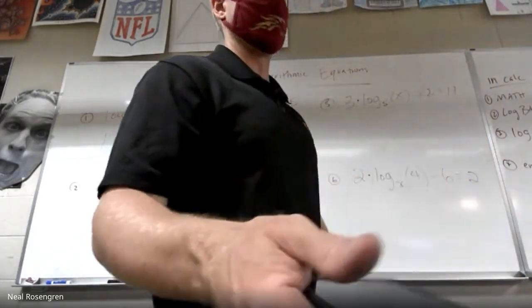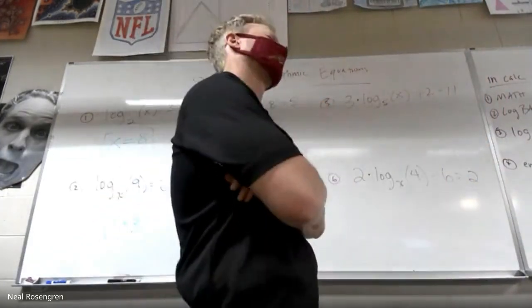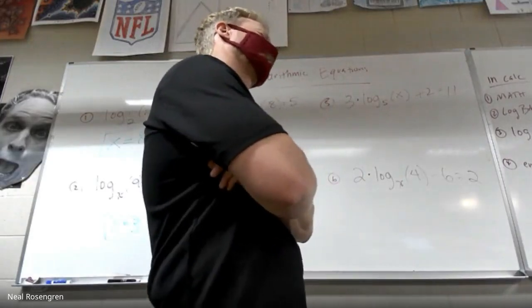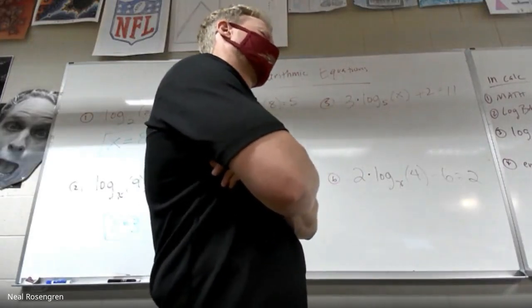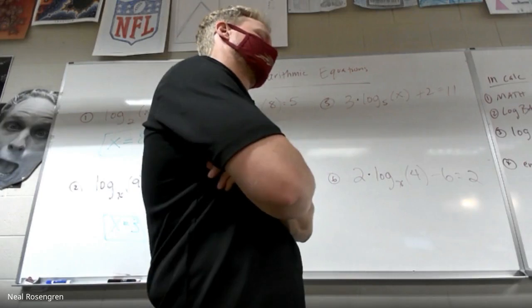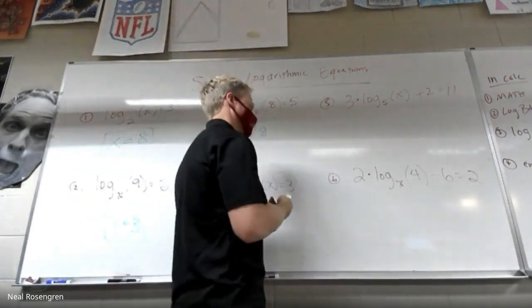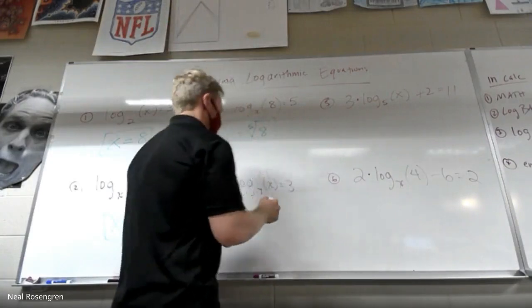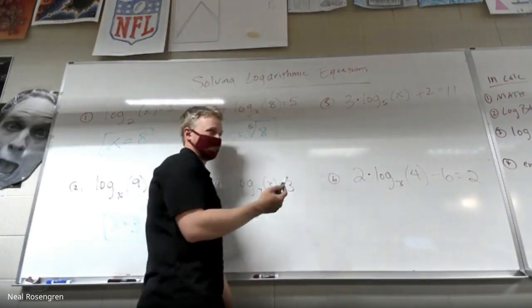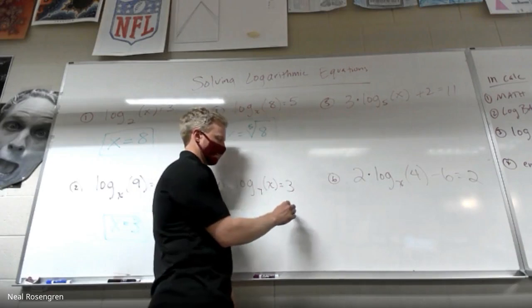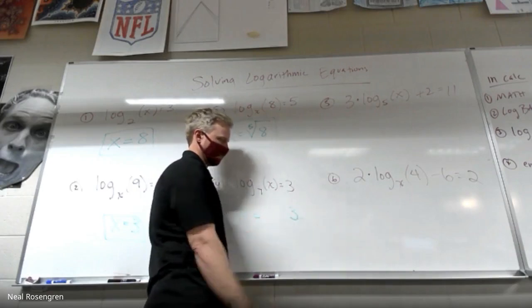Let's see if I can think about it. So 7 times 7, 49. Times 7 again. I can't do this one. I'm so stuck. 49 times 7 is going to end in a 3.